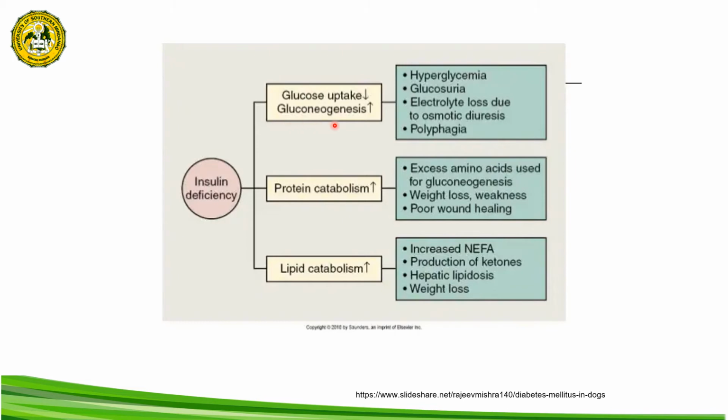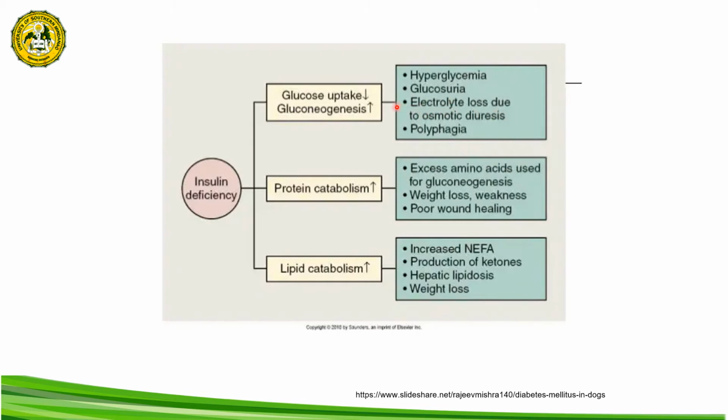When we say gluconeogenesis, that is the process wherein the cell would form glucose from non-carbohydrate sources. So because of this, these events would lead to hyperglycemia, glucosuria. Again, there will be electrolyte loss due to osmotic diuresis.